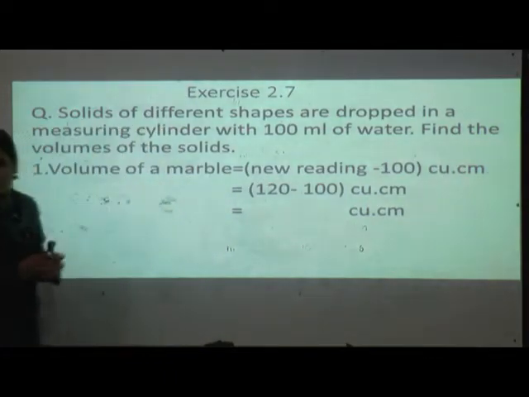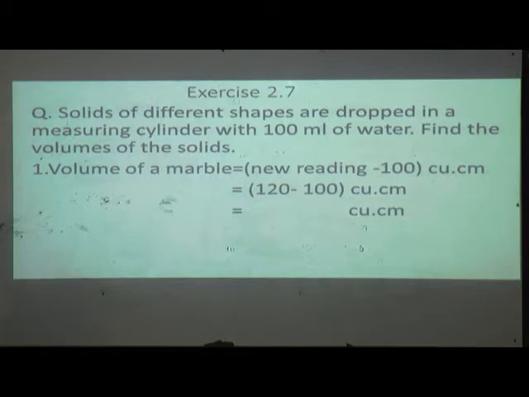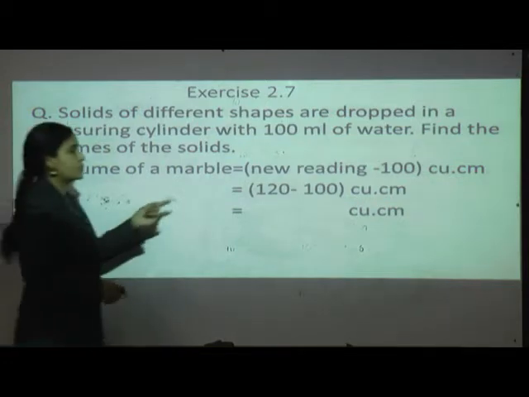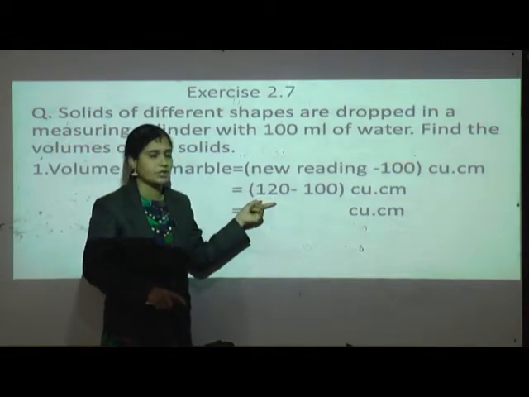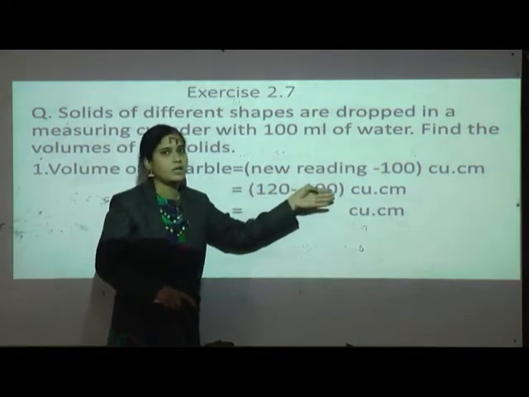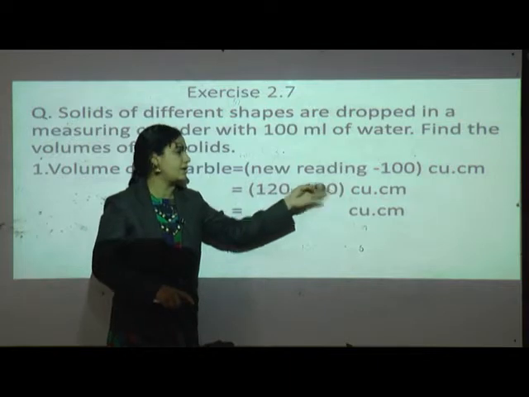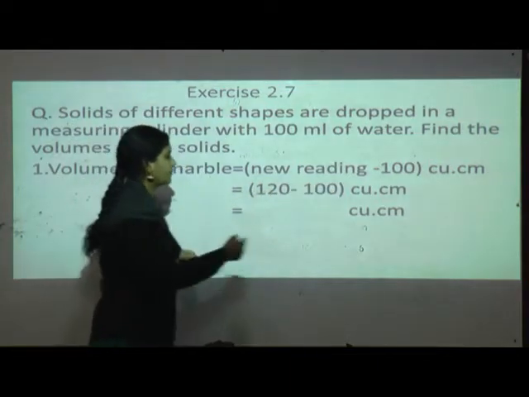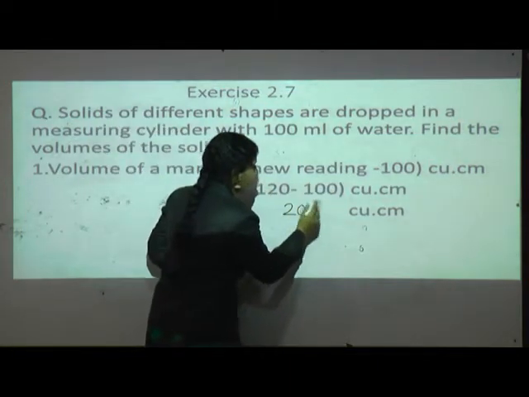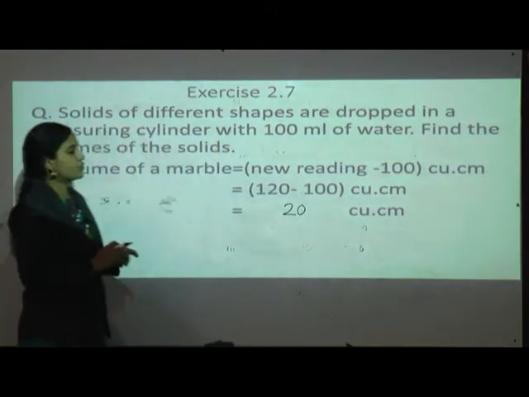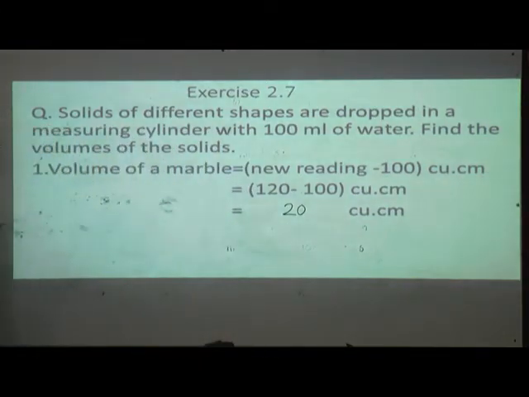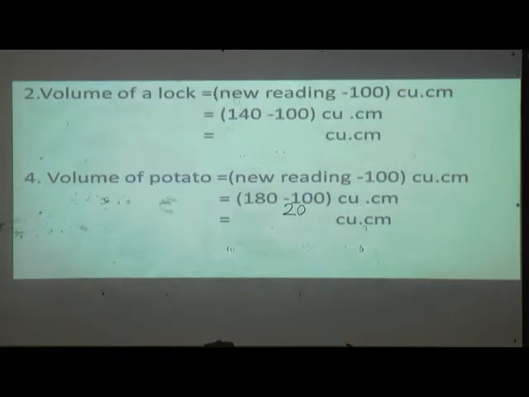In your textbook you can see the water level rises up to 120. So your new reading is 120. Subtract 120 and 100, you will get the answer 20 cubic centimeter. So the volume of the marble is 20 cubic centimeter. Now we will see the next one.